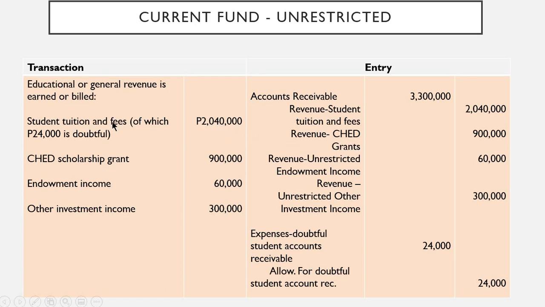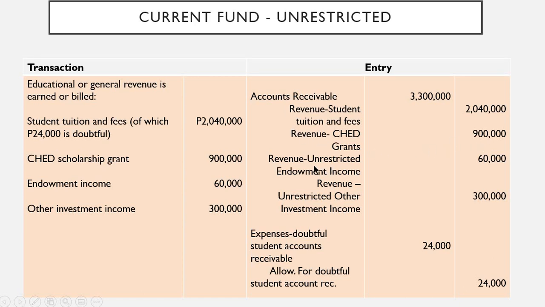Revenue, CHED grants, dahil walang particular or specific restriction as to how the grant from CHED is being stipulated. Sabi dito, scholarship grant, kaya it is also considered to be an unrestricted current fund. Okay?